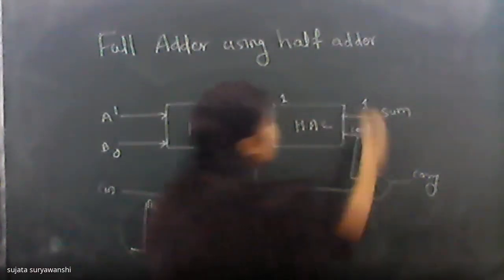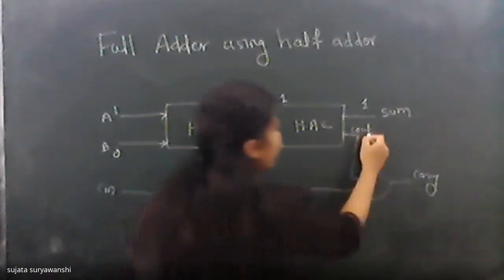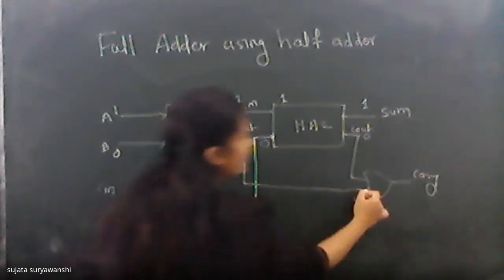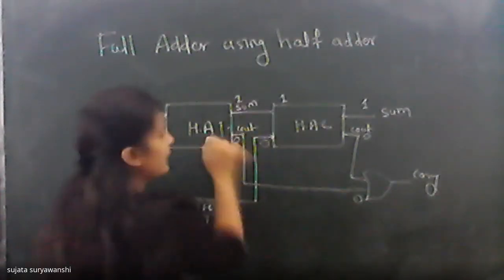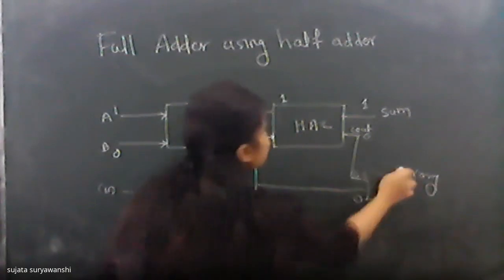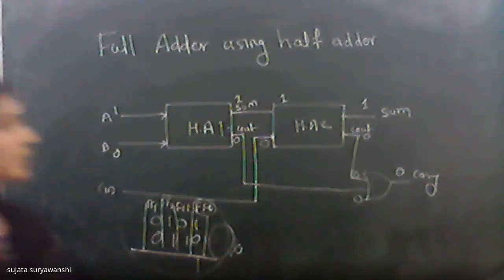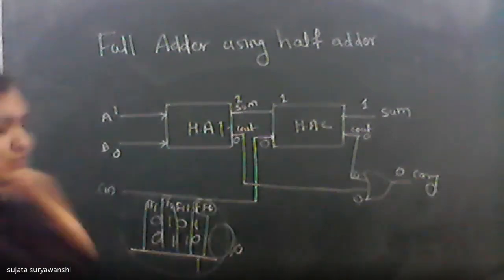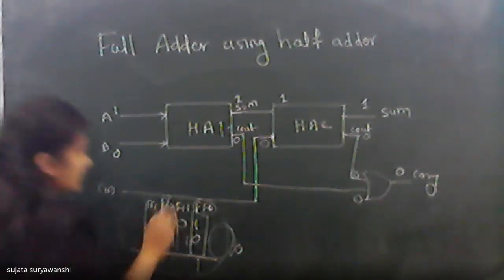Its sum is equal to 1 and carry out is 0. And this 0 and the carry out of the first half adder, which is also 0, go to the OR gate. Our truth table of OR gate gives that if both inputs are 0, then output is also 0. Consider this case.